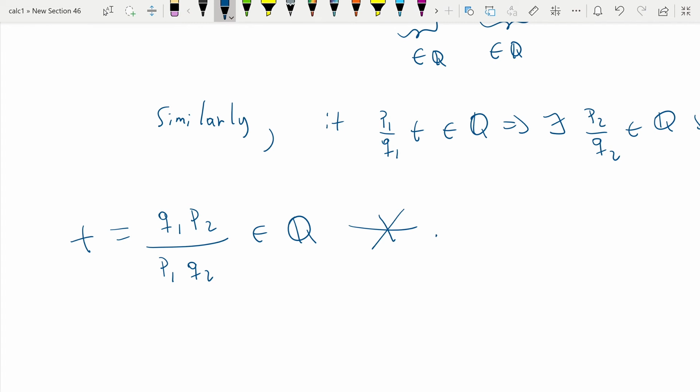T is not in Q. So this is a contradiction.